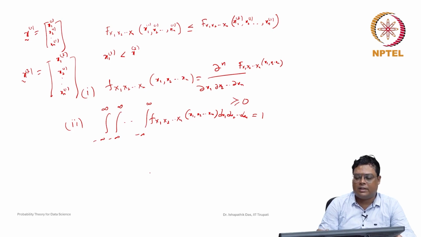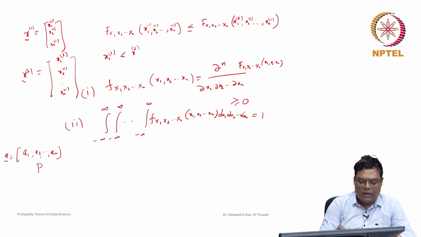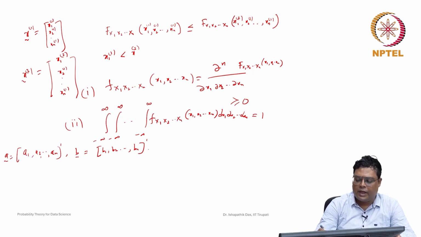These are all similar extension properties. For example, suppose you have two points, a1, a2, ..., an, and another point b1, b2, ..., bn. We write them as transposes, so each is a column vector. Also we have ai less than or equal to bi for i equal to 1 to n.